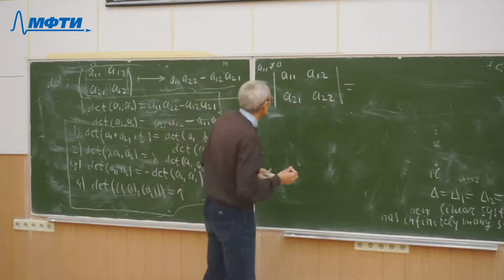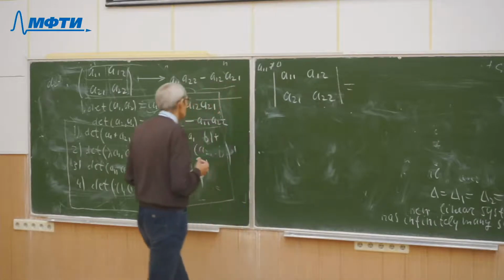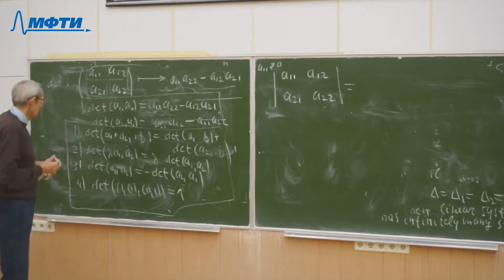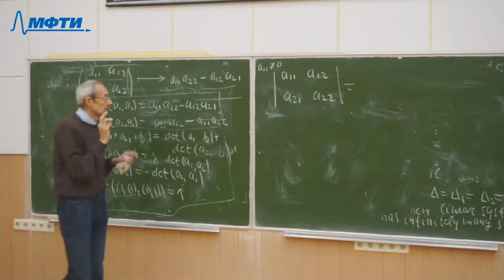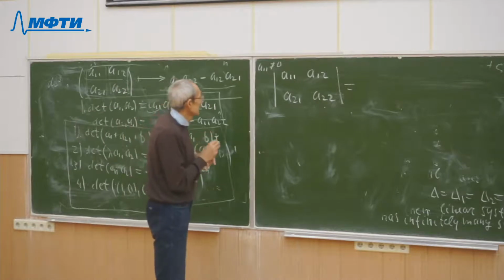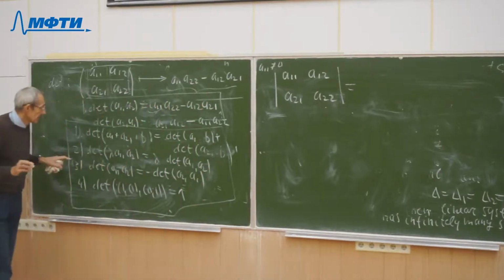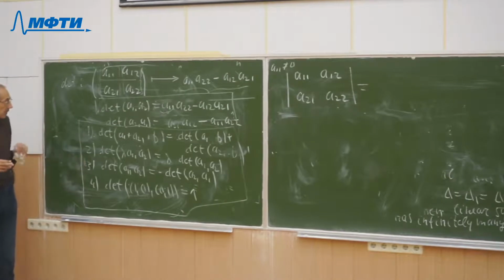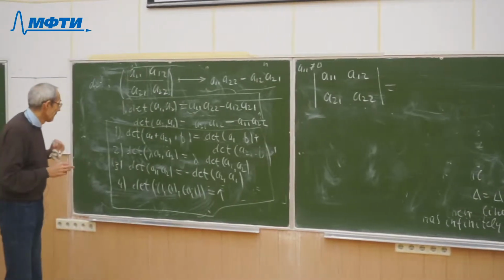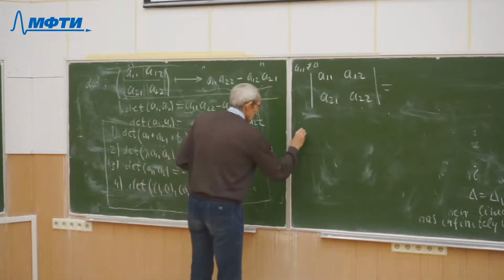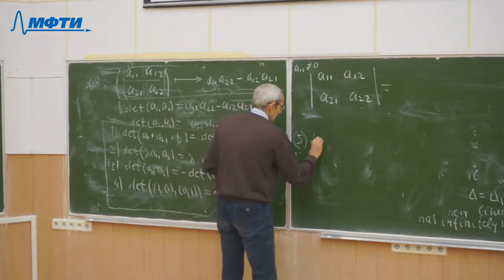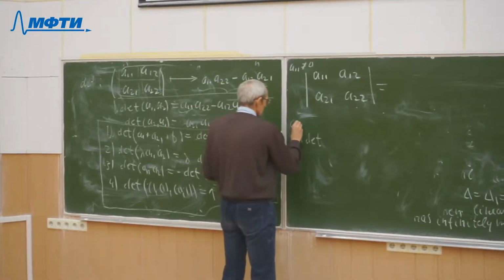After that, let's consider that from this property it is easy to obtain the next property, a corollary of this property.